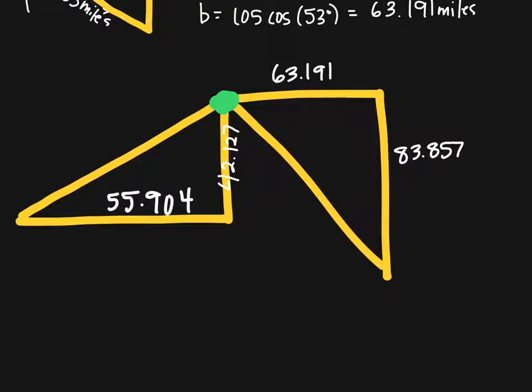My question, to finally answer the whole problem, is how far away is it now from where it started? In other words, from this point to that point, how far away is it now?